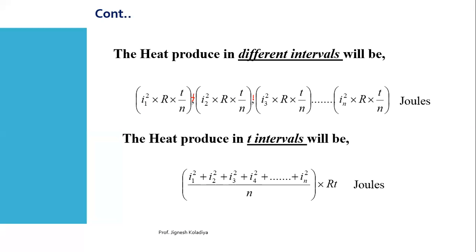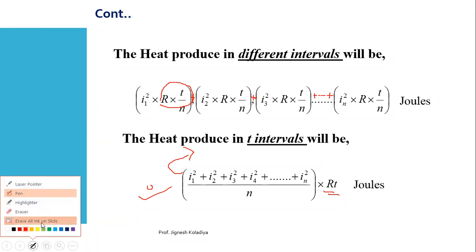Here R into T by N is common, so I'm taking R into T common. The rest of the terms are I1 square plus I2 square plus I3 square up to In square, divided by N. This is the total heat produced in T interval.